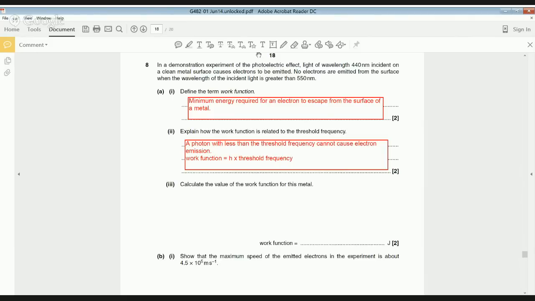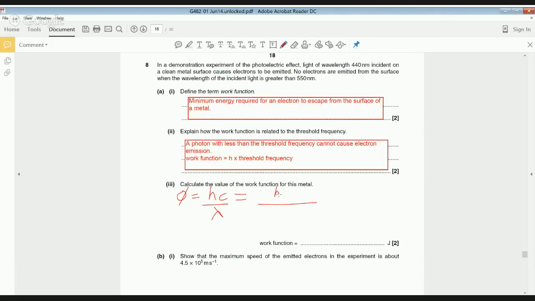So we can use the equation work function equals hc divided by lambda, and that's going to be equal to 6.63 times 10 to the minus 34, which is the Planck constant on your formula sheet, 3 times 10 to the 8, which is the speed of light on your formula sheet.